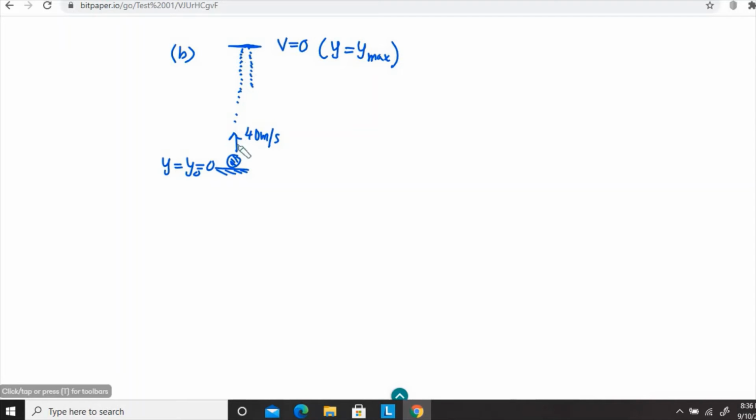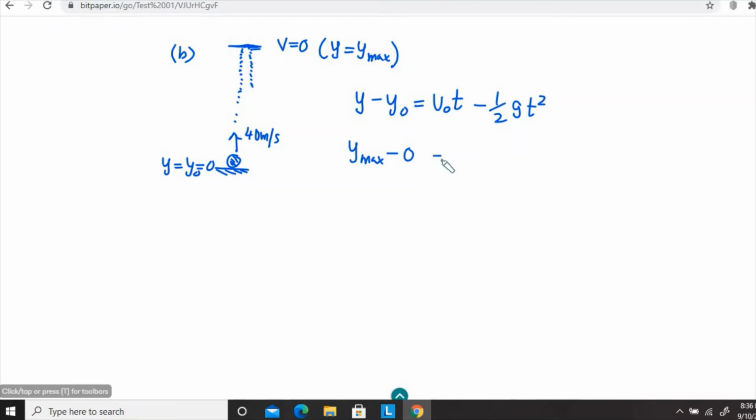So we need to find y max minus y naught, or simply y max. So I'm going to write down y minus y naught is equal to v naught t minus 1/2 gt squared. So this is one way of solving for this height. Okay, so y max, that's the position at the highest point, minus y naught, the starting point, and I consider that as 0.